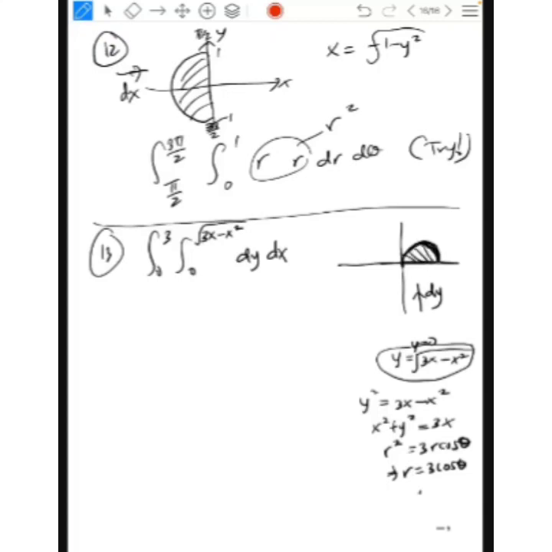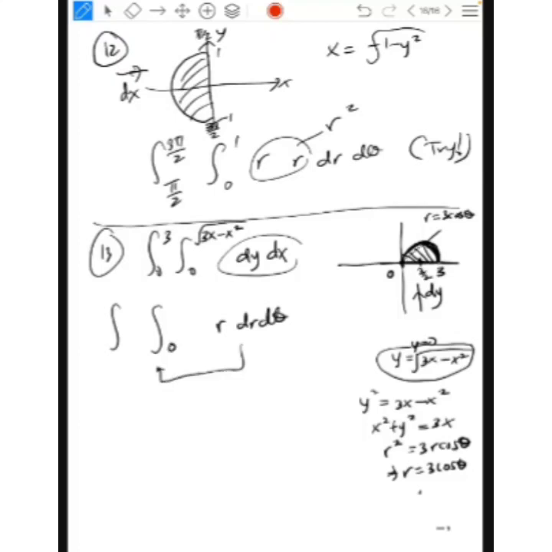Okay. And then the x is from 0 until 3. So actually this one will be 3, this one will be 3 over 2. So r equals to 3 cos theta. Okay, so dy dx will be r dr d theta. Again, your r goes from zero, zero is included in your region.